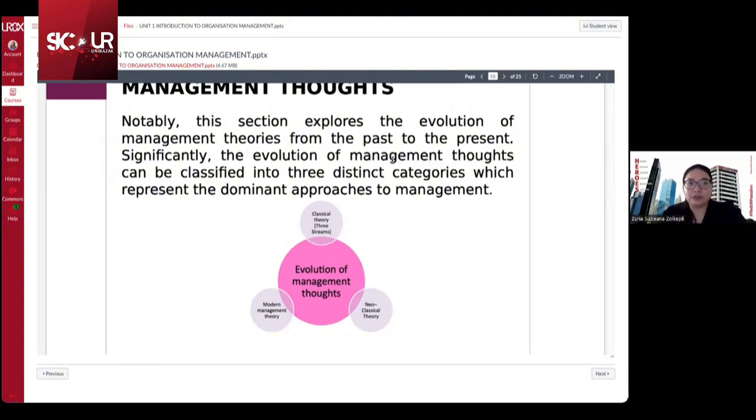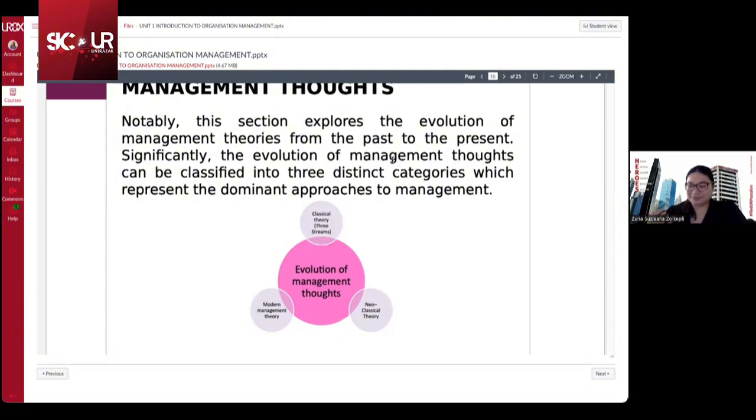I have given you the article so you can read. But let's take a look at the factors first. What makes management evolve? What are the factors that make management evolve? It all goes back to the typical factors, which are social, economic, political, technological, and global factors.